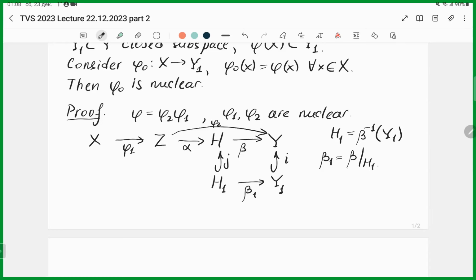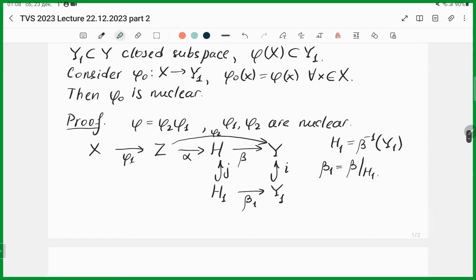Okay, now since phi of x is contained in Y1, so we have this condition here. It follows that if we now look at the composition of alpha and phi 1, its range is contained in H1, just by definition.